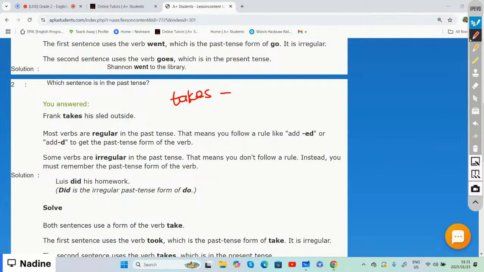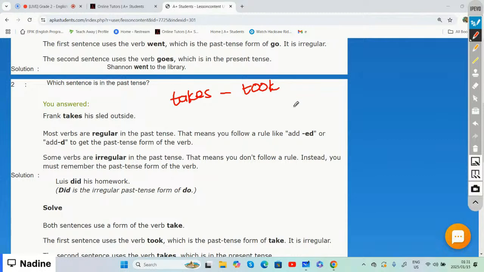All right, yes. And if we were to identify which one is the past tense, then we can say the past tense of takes. Takes is something that you do now. But if we make mention of it in the past, then we say he or she took my lunch. They take it today, but in the past they took your lunch. So well done.